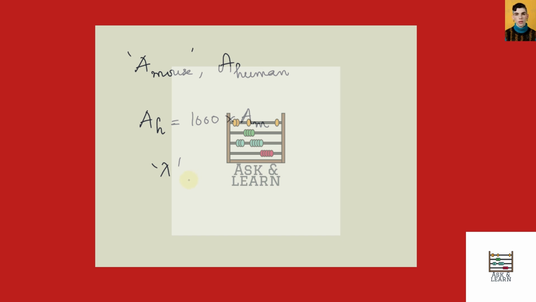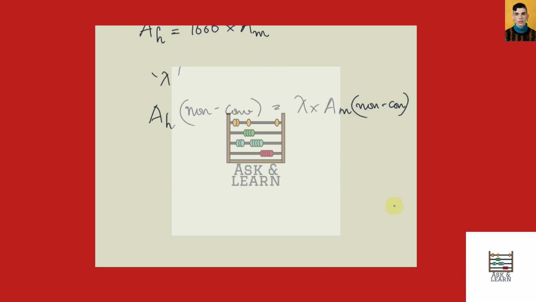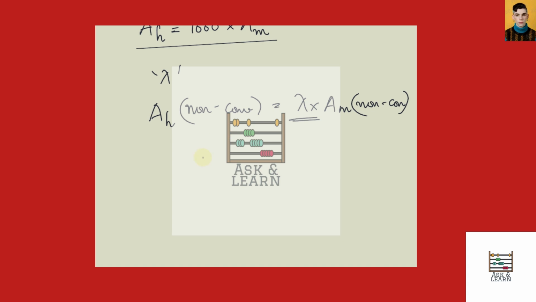So if the brains were not convoluted, in other words, if both brains had a smooth non-convoluted surface, we can express this as A human non-convoluted will be equal to lambda into A mouse non-convoluted. So here we need to find out the value for lambda. We already know that the value for AH is 1000 times AM.